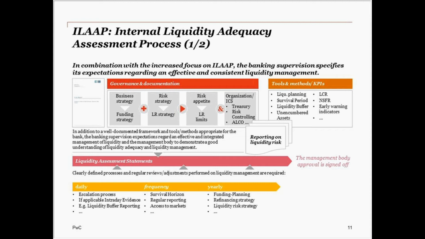There's a bit of a move away from this idea that an ILAAP should be a 100, 200-page document which describes what a bank does in terms of liquidity adequacy assessment and liquidity and funding risk management, to much more a demonstration to the supervisor of how liquidity and funding risk management is embedded within an organization's regular business processes.